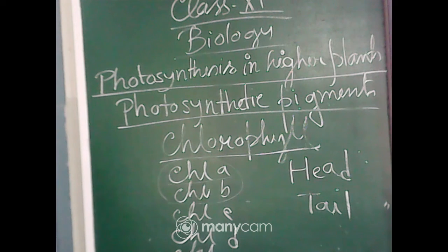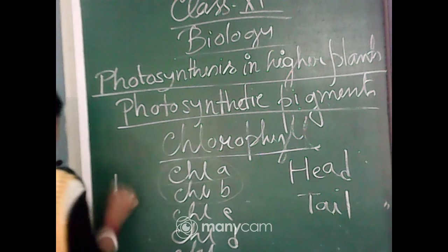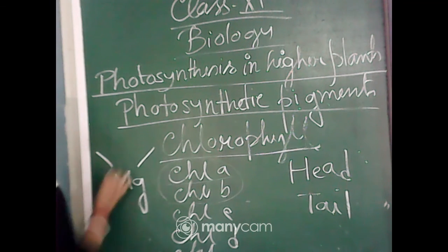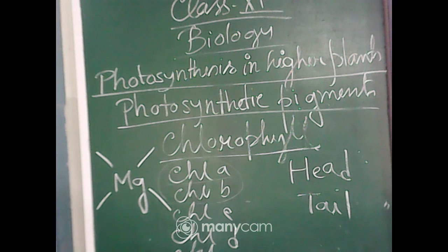The porphyrin head has 4 rings, and magnesium is present at the center of the head. Phytol side chain means a long hydrocarbon chain.